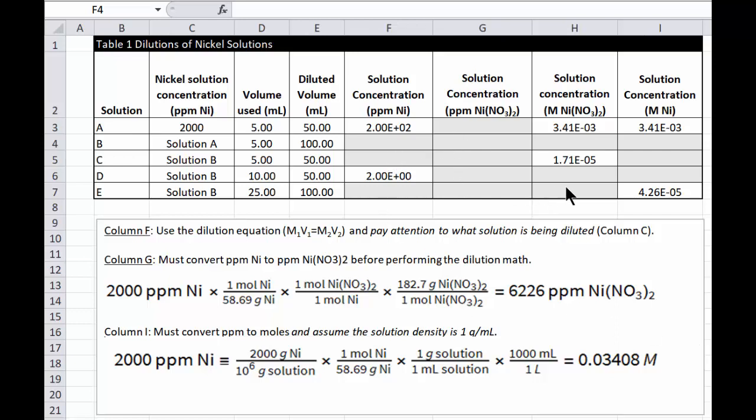The areas in gray are the cells that we need to fill out, and there are several that are provided to help us make sure that we are on track to calculate correctly.